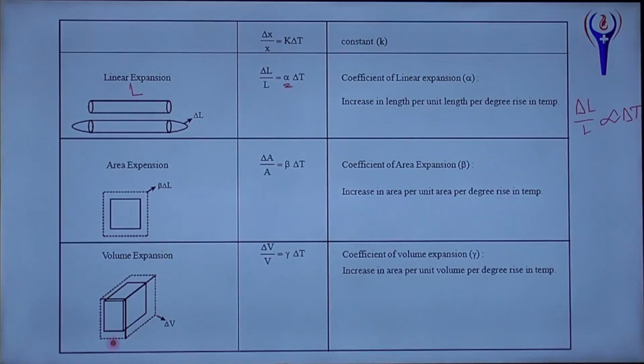And next is volume expansion. Fractional change in volume is proportional to delta T, here the proportionality constant is gamma, and gamma is called coefficient of volume expansion. Linear expansion is one-dimensional expansion, area expansion two-dimensional, and volume expansion three-dimensional.